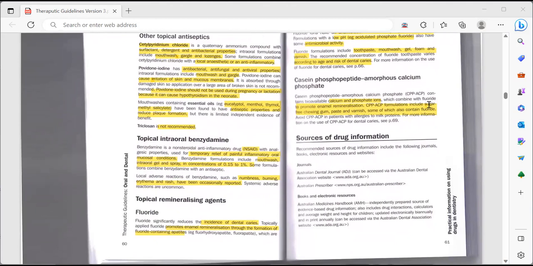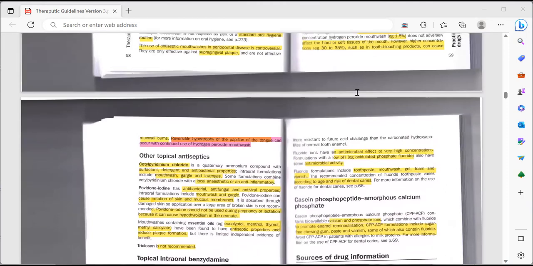CPP-ACP is available as sugar-free chewing gum, paste, and varnishes, some of which also contain fluoride. So avoid CPP-ACP in patients who are allergic to milk protein. You need to find out if the patient is allergic to milk. In those patients, you should not be prescribing CPP-ACP, and it is only an adjunct to fluoride treatment. Fluoride is always best, and this is additional.